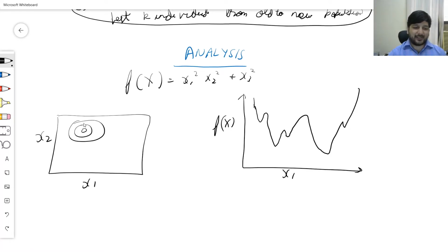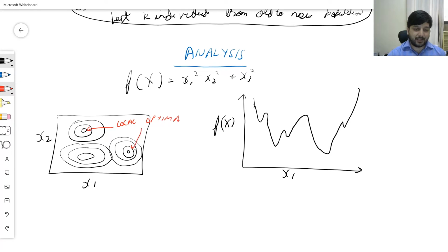So these are the contours. These two have the same f(x) value, these two have the same f(x) value, and that's what the contours look like. So again, let's say this is a local optima, and this one is a global optima. And this is the one that I need to find out.